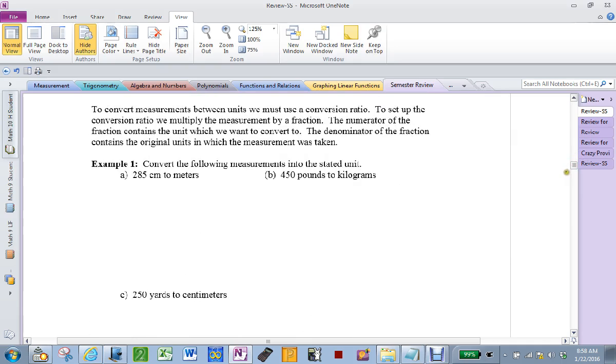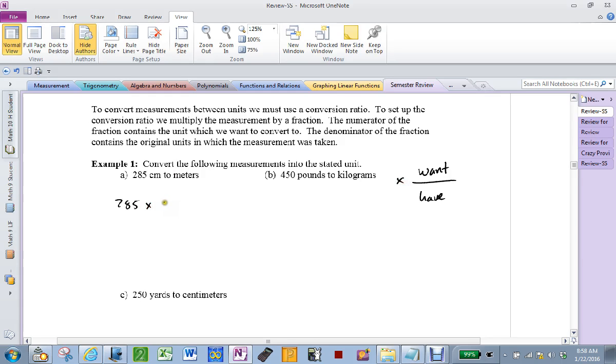Measurement. Do you have to memorize any of this? No, it's on the data book. What do you have to memorize? What we want divided over what we have. Okay? So I have 285 centimeters and I want meters.